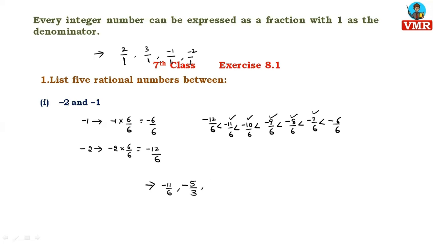And minus 9 by 6, which we can write as minus 3 by 2, since 3 twos are 6, 3 threes are 9. And minus 8 by 6, which we can write as minus 4 by 3, since 2 fours are 8, 2 threes are 6. And minus 7 by 6. These are the 5 rational numbers in between minus 2 and minus 1.